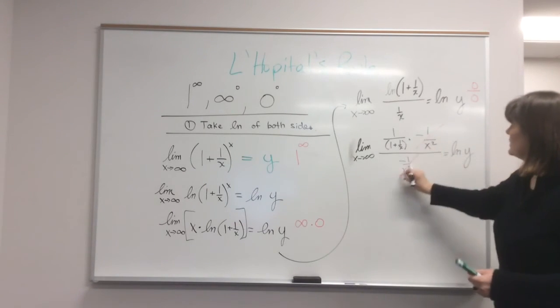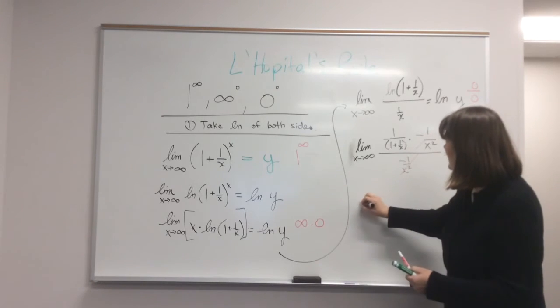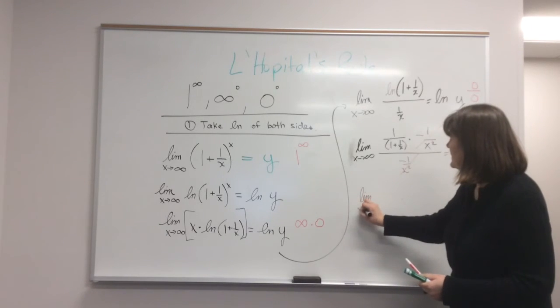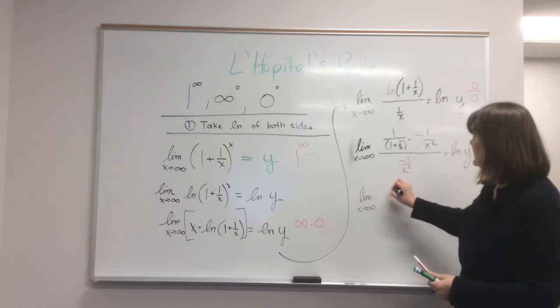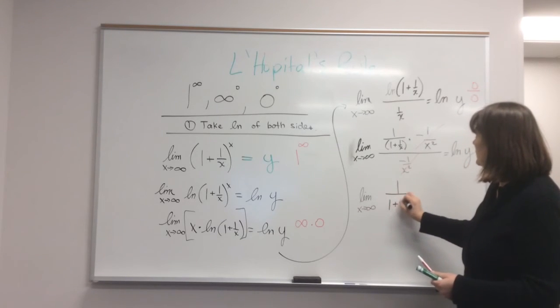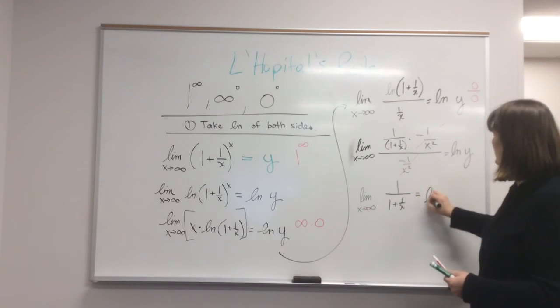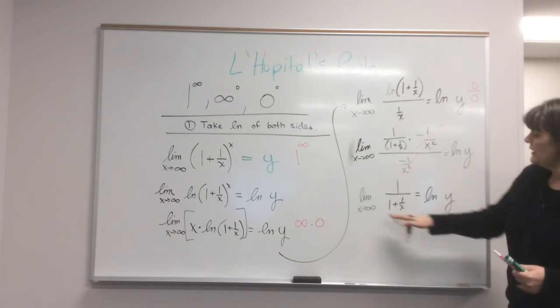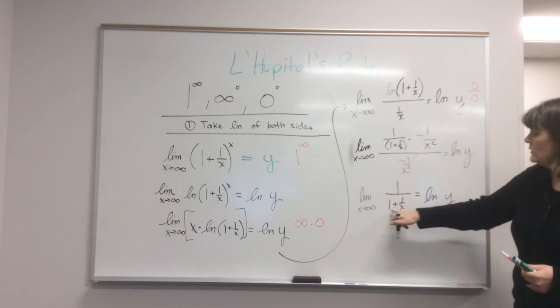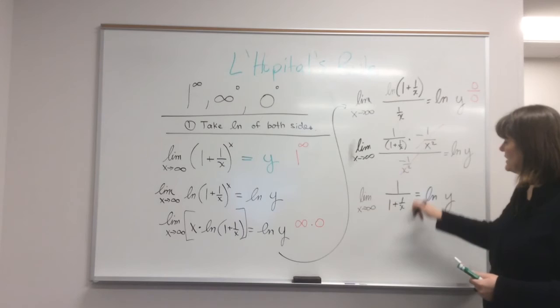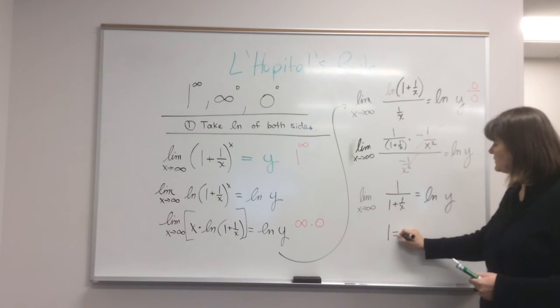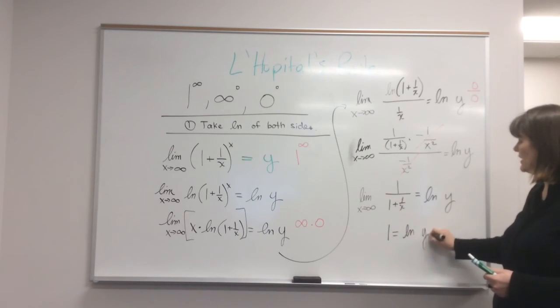Again, these reduce, and we're left with the limit as x approaches infinity of 1 divided by 1 plus 1 over x equals the natural log of y. Now when we plug in infinity, we get 1 plus 0, so this limit is 1. That equals the natural log of y.